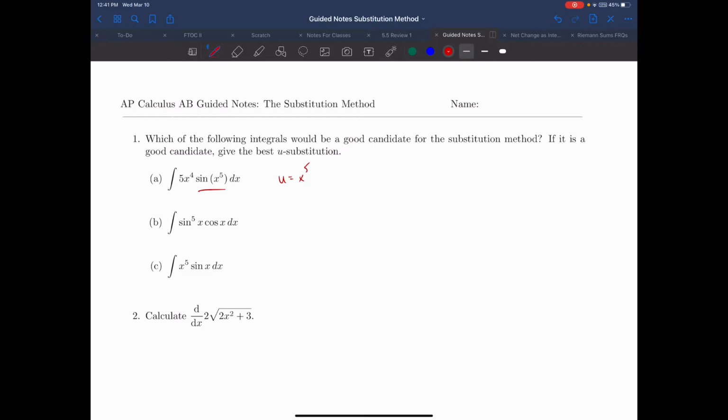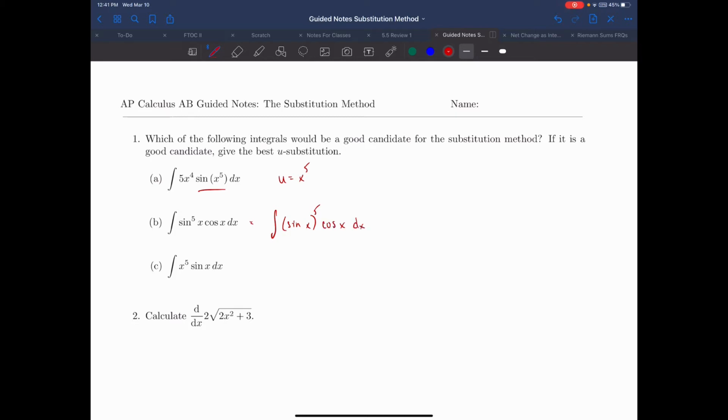For B, the integral of sine x to the fifth power times cosine x. Is there something in here where we would take the derivative and then that derivative would be equal? Well, if I rewrite this function, because this is something that often helps, because you'll see a lot of these are chain rule type functions.